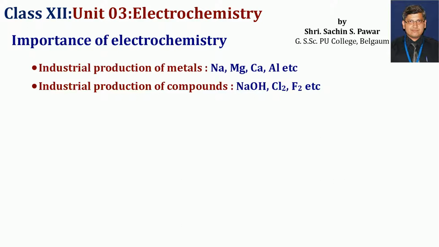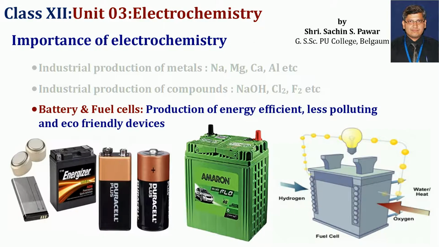With this revision of oxidation reduction, we'll come back to the importance of electrochemistry, and as you can see on your screen, the first two applications: electrochemistry is used in the production of metals such as sodium, magnesium, calcium, aluminium. It is also used in the production of compounds such as sodium hydroxide, chlorine, fluorine, and so on. Application number 3.